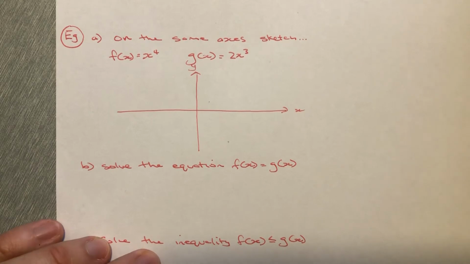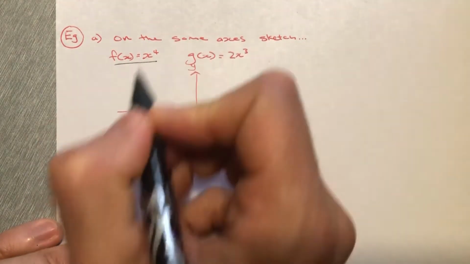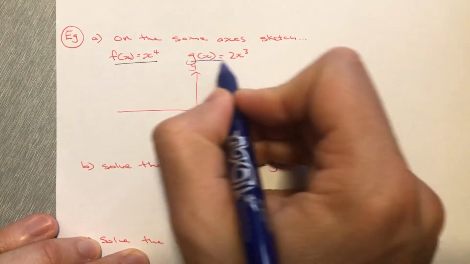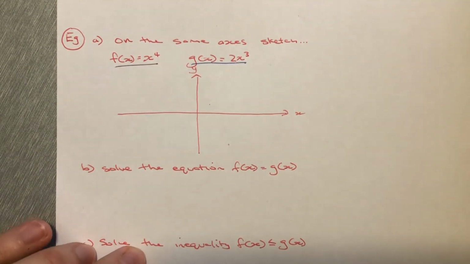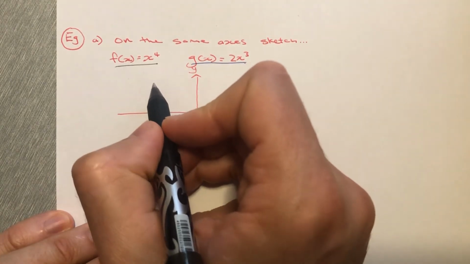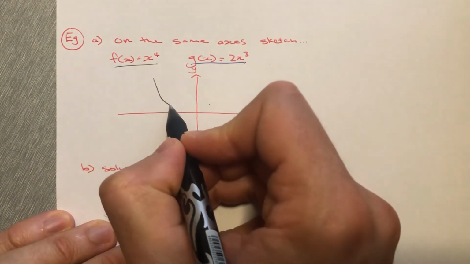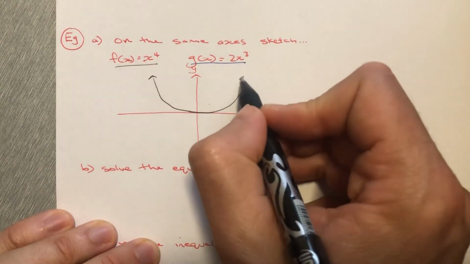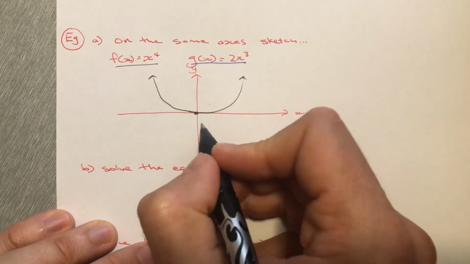Alright, now I might do this one in black. And I'll do this one in blue, just so we know the difference. So it looks something like that. And it has its turning point at 0, 0.